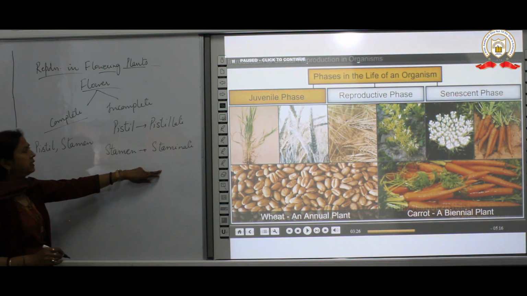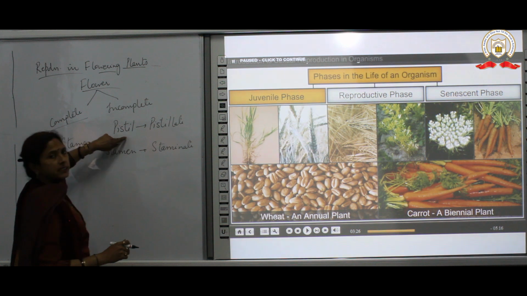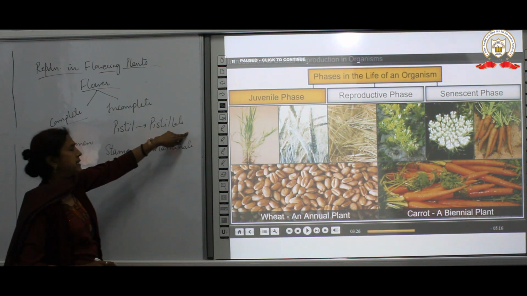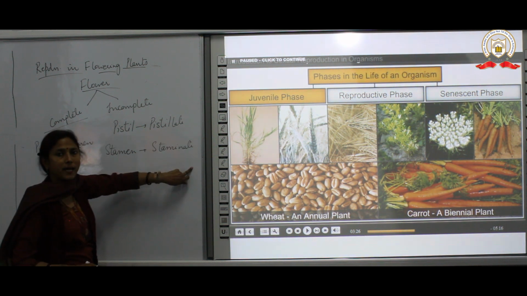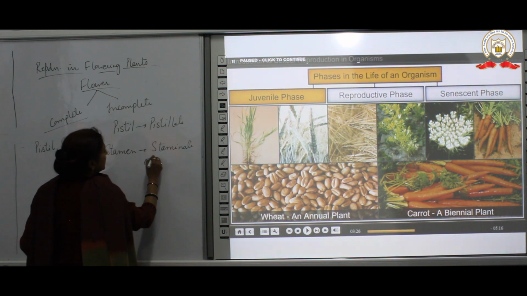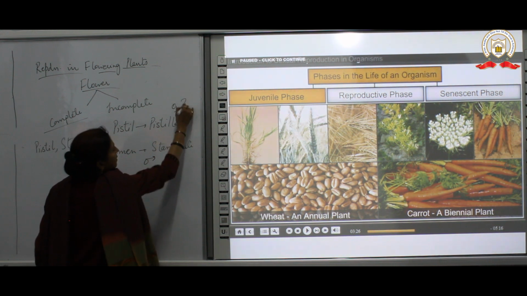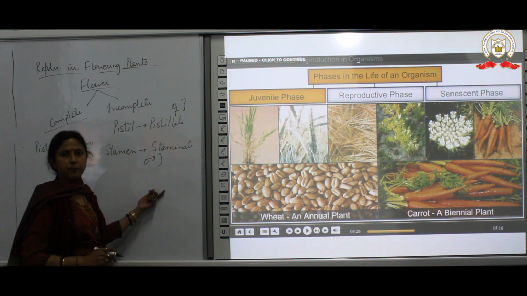These terms we discussed earlier also: the flower which has only the female part is known as pistillate, and the one which has only the anther is known as staminate. So these are unisexual flowers, having female and male flowers separately.